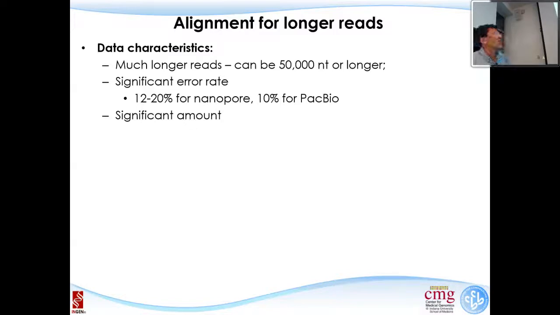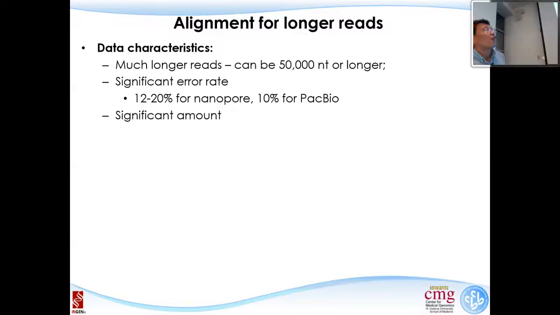In recent years there has been more advance, and people have turned to design the most effective algorithms to align longer reads, like the sequences generated from data like PacBio or nanopore sequencers. We can see that they have much longer reads.